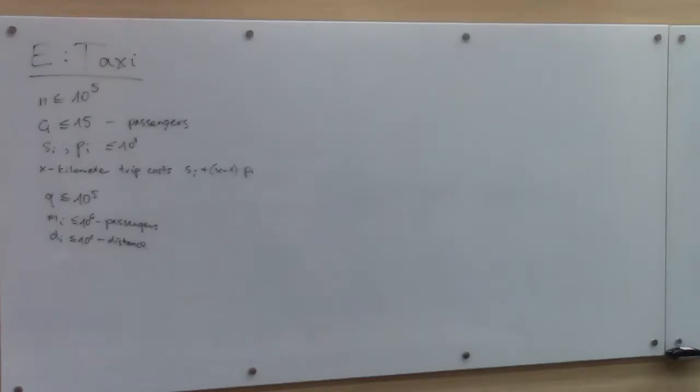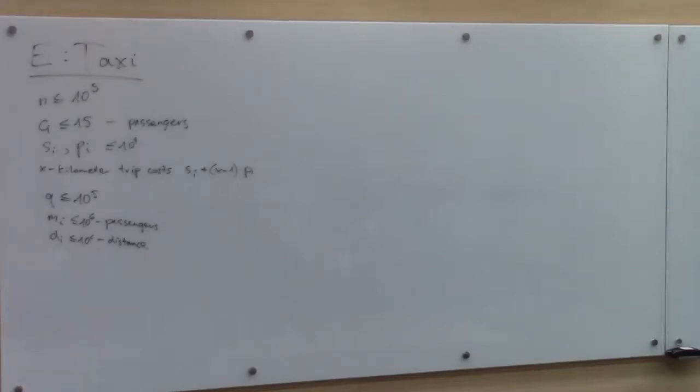But still, we have a lot of parameters here, and the numbers are not very encouraging either. But one important thing to notice is that this number Ci, the number of passengers, is quite small. So I think we will need to somehow utilize this fact.